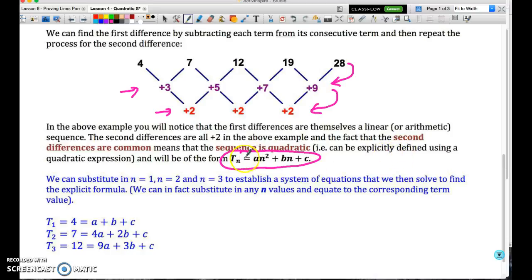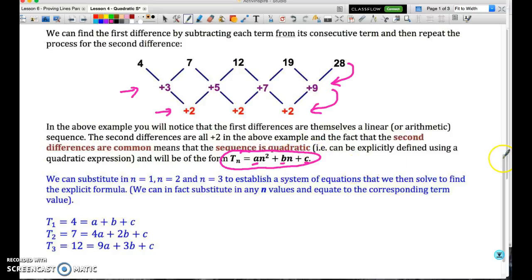And so the nth term formula is going to be of the form an squared plus bn plus c. And so what I'm going to do now is I need to be able to solve for the 3 unknowns. What are the coefficients of the squared term, the linear term, and the constant.